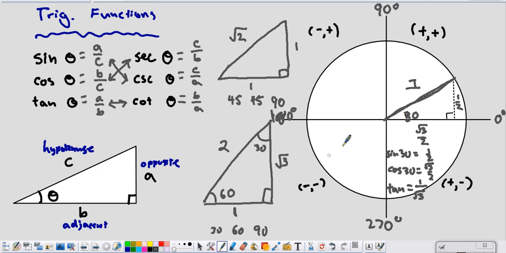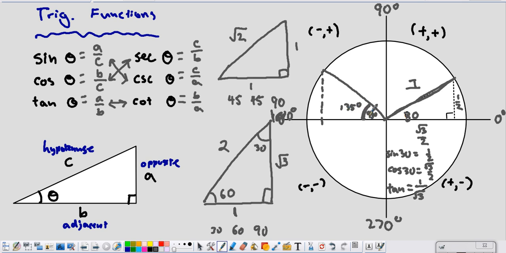This is important because if I wanted to, say, for example, find the cosine of 135 degrees, I can still do it. I can still find the cosine of 135 degrees by noting that the angle created here is actually a 45-degree angle.